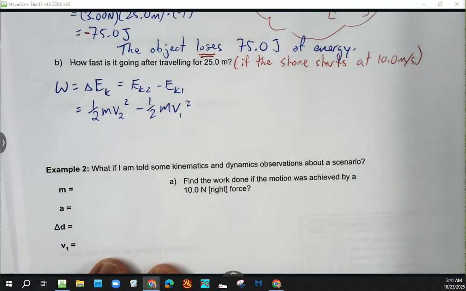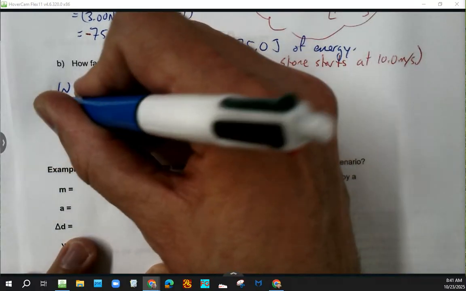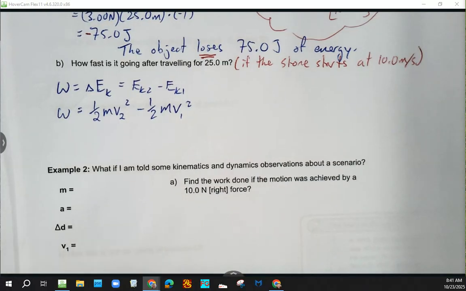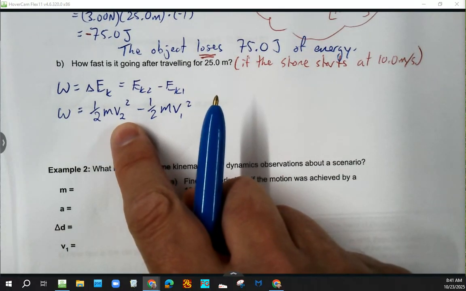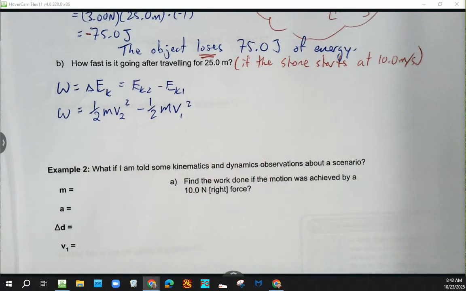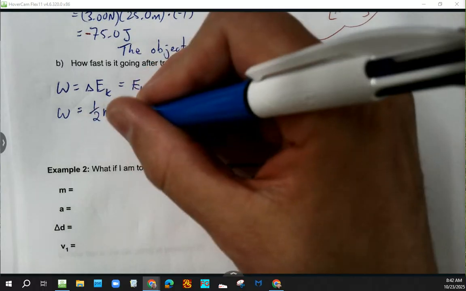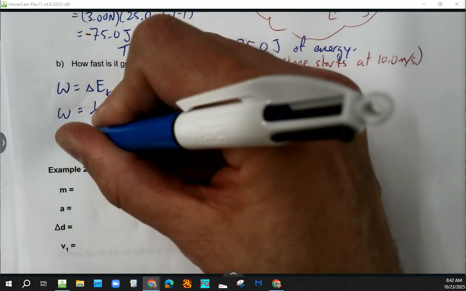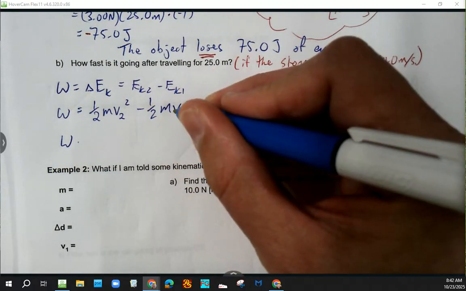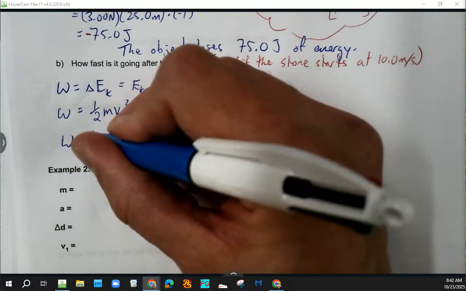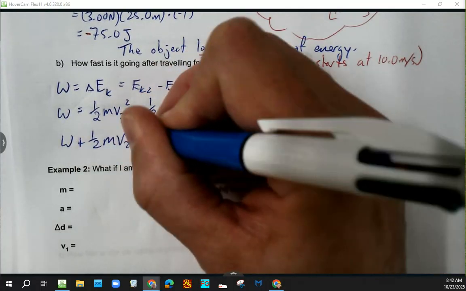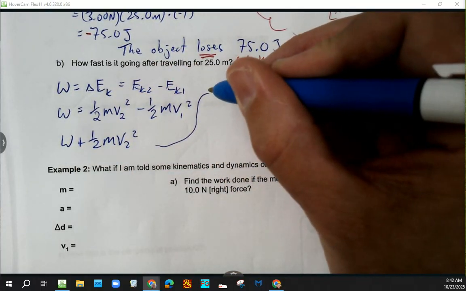And I think I'd like to go about trying to get V2 all by itself, because I'd like to find what the final velocity is, and I'd rather not plug in my values prematurely. I'd like to be set up for the next time I have a really similar problem. So getting V2 all by itself, I'd say W, take the 1/2 mv1 squared over to the other side, plus 1/2 mv1 squared equals 1/2 mv2 squared. Oh my goodness.